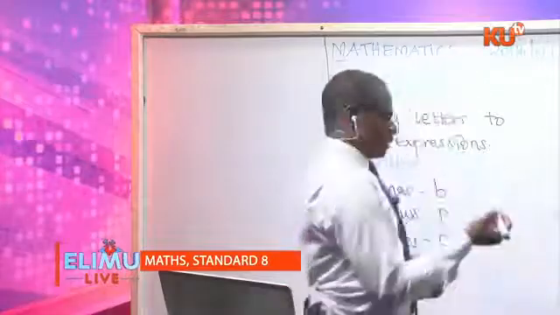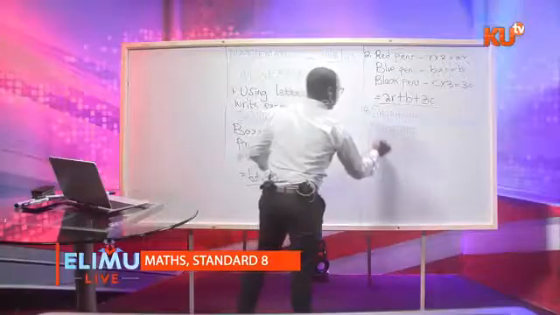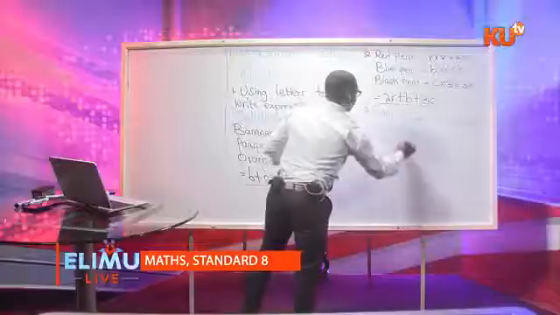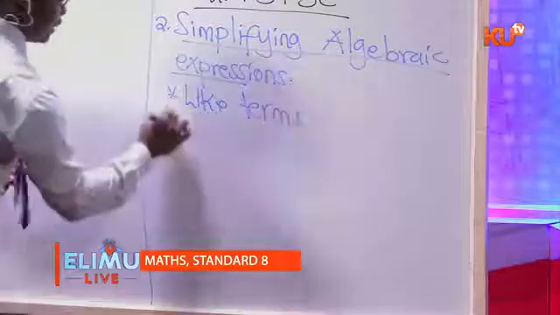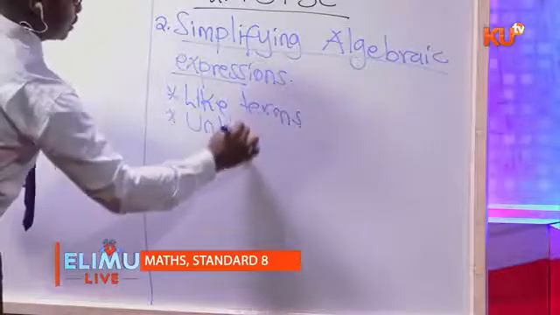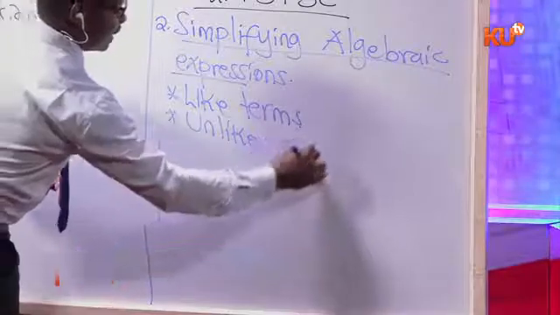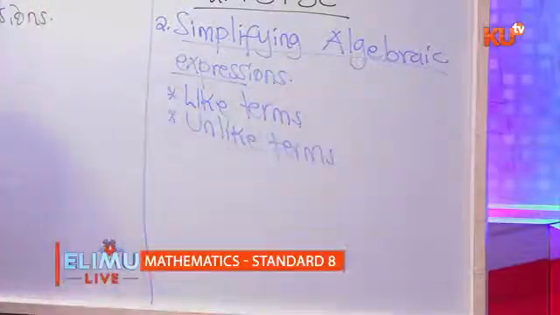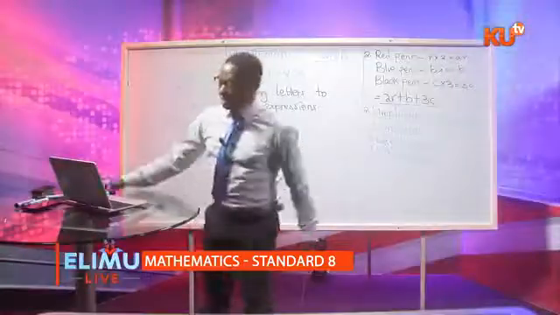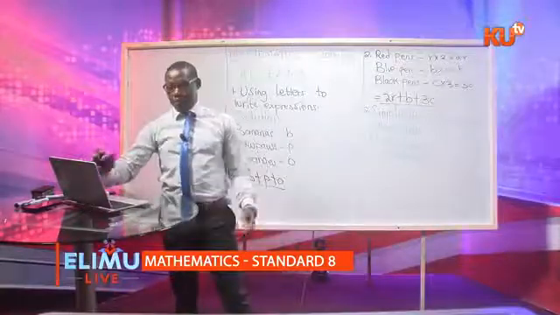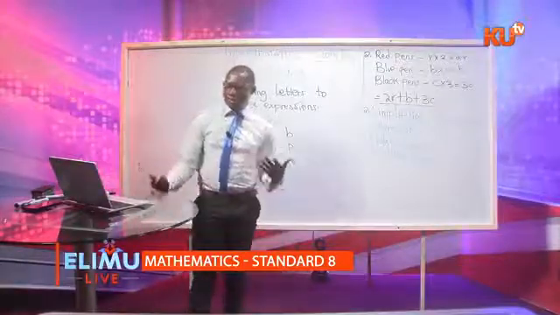So those are the 2 terms that we look at. So we have like terms as our first one, and we have unlike terms. Like terms are algebraic expressions with the same letters, and unlike terms are algebraic expressions that have different letters.